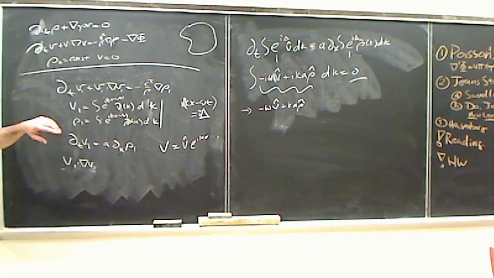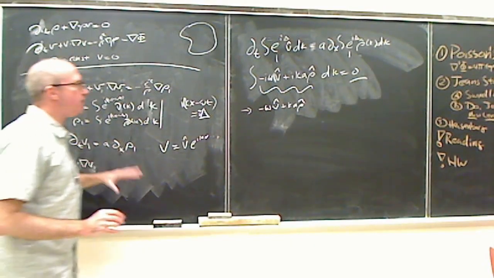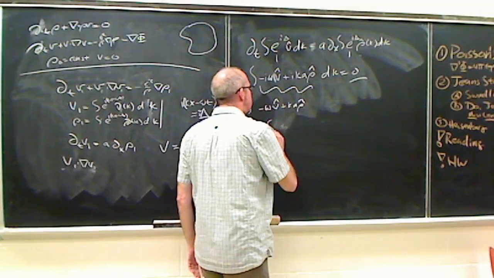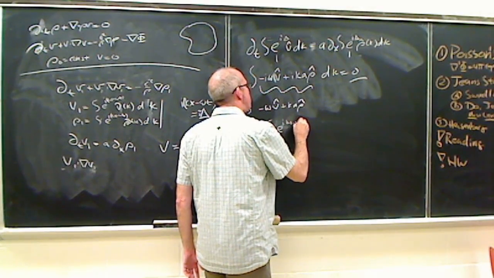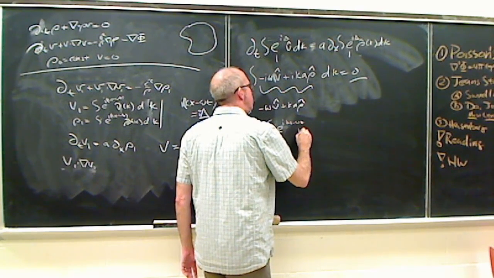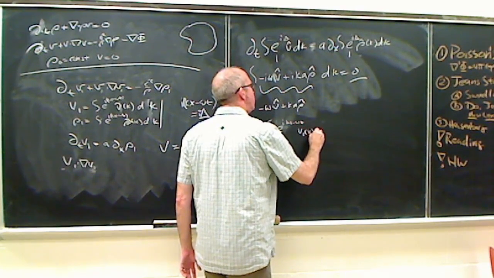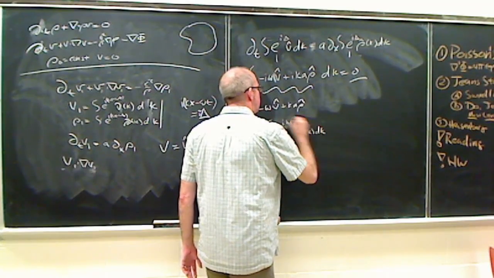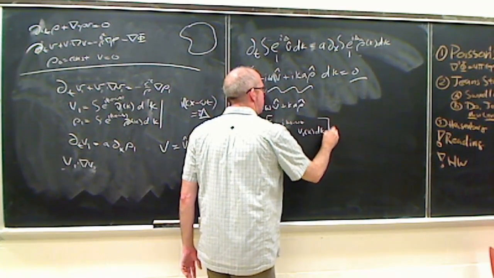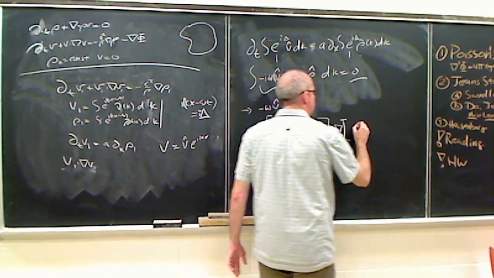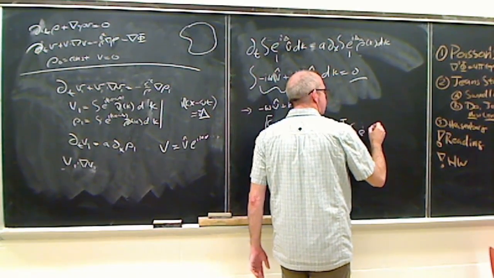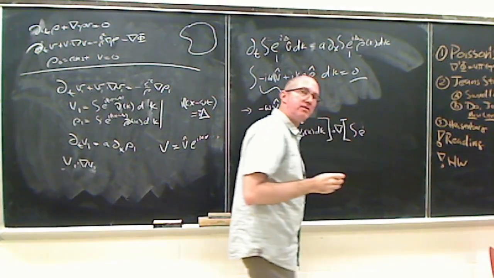So when I have this term, if I'm going to plug in the Fourier transforms of that, that's going to look like the integral of e to the i(kx minus omega t) times v1 of k dk, dot grad of the integral of e to the i(px minus gamma t) times v of p and t dp. Now I have to use a different integrating variable.